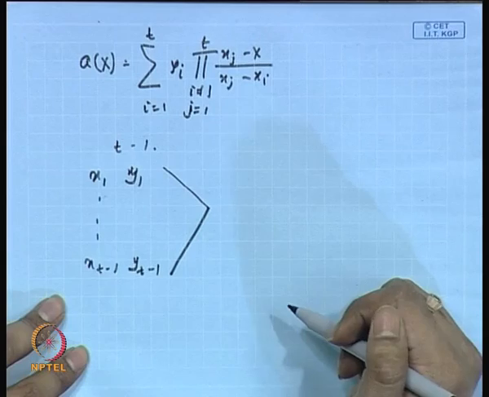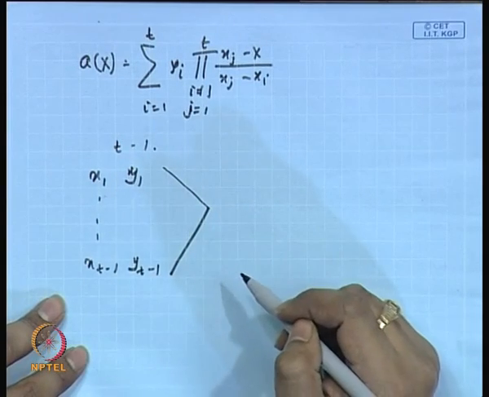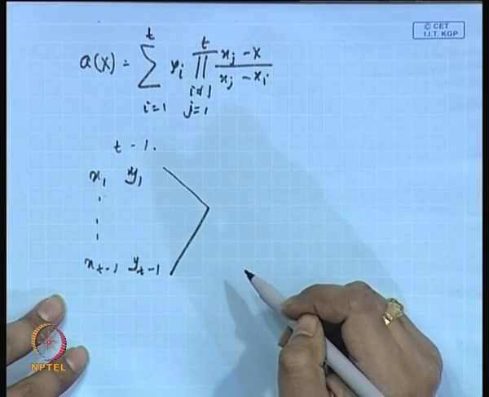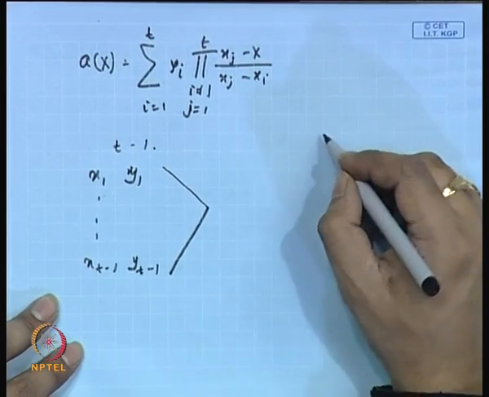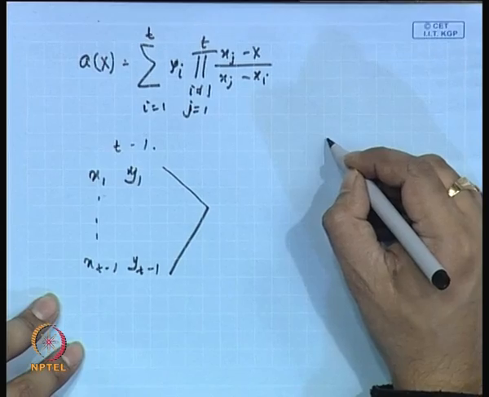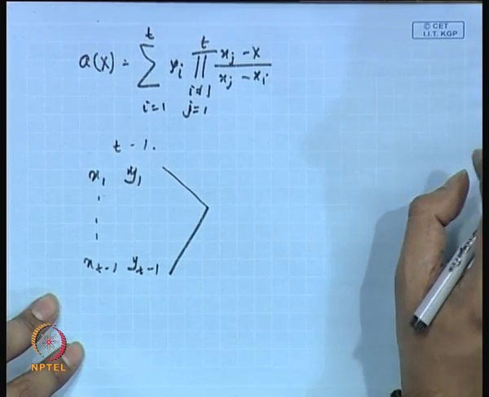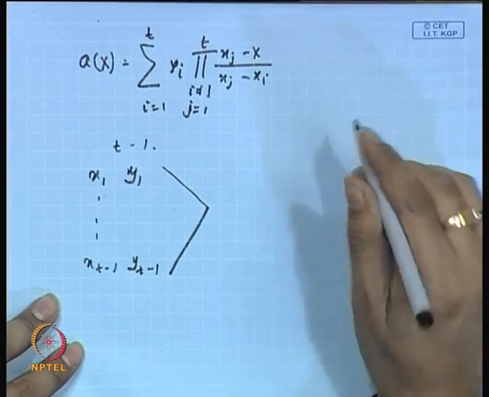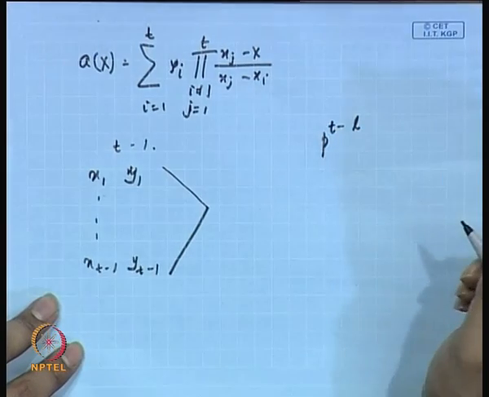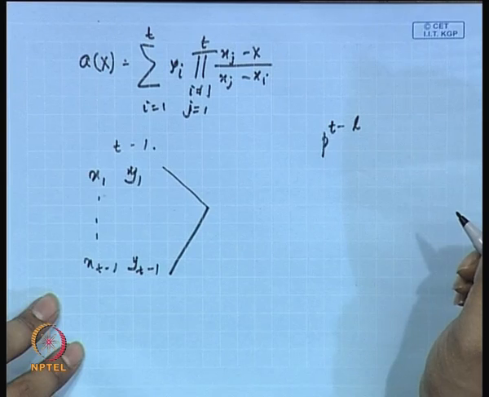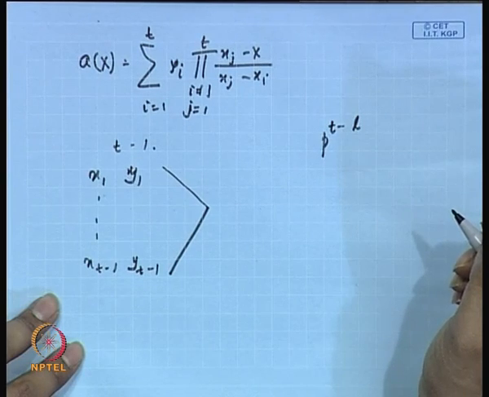right. So, how many such polynomials will exist, right. So, you know that by lemma 1, if there were L such members, then the number of polynomials was given as p to the power of t minus L, that was the first lemma, right.